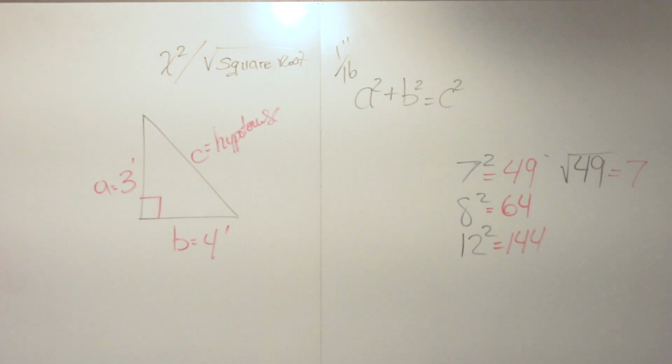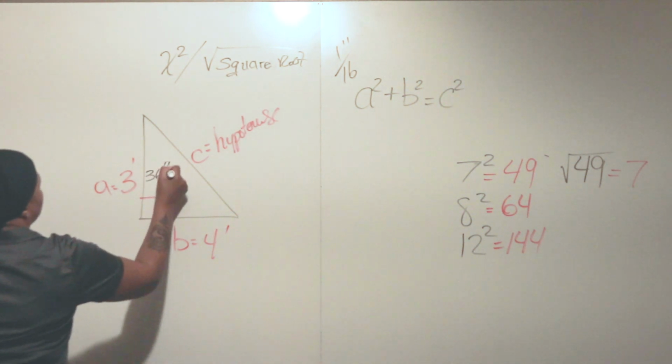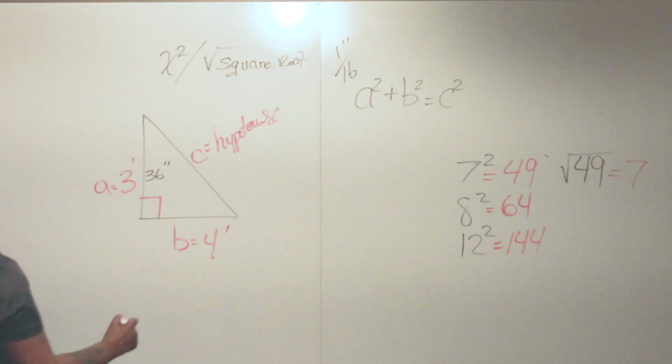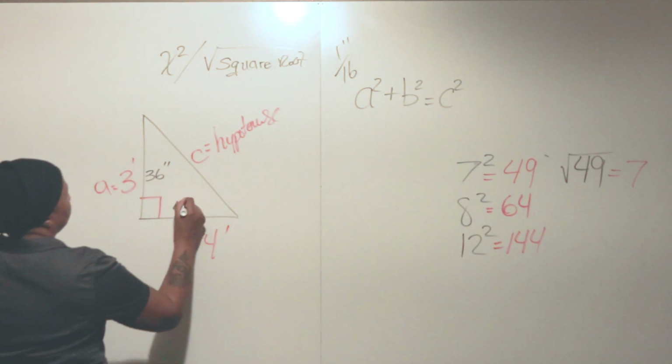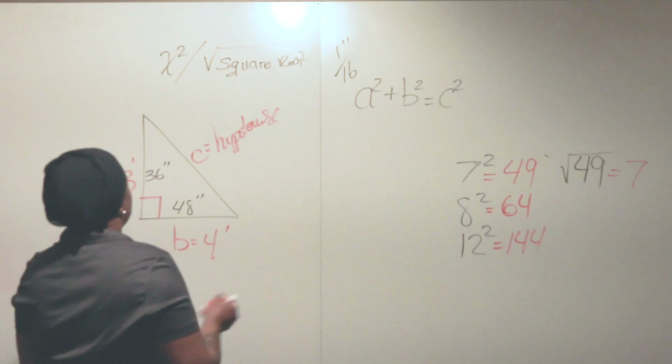I've got 3 feet, I have to convert that to inches. I got 36 inches there. I've got 4 feet for the base. Multiply that by 12, I got 48 inches there. So again, convert feet to inches. We throw them in here and we square these numbers.